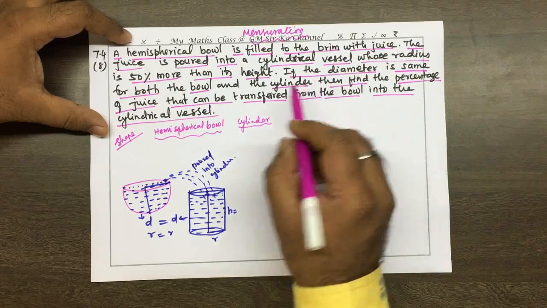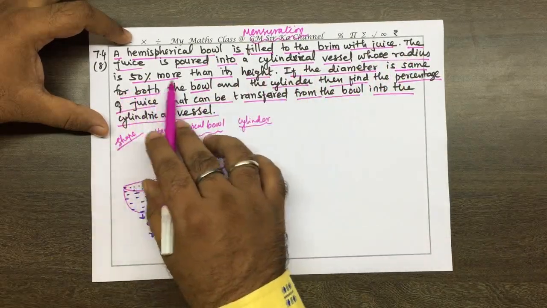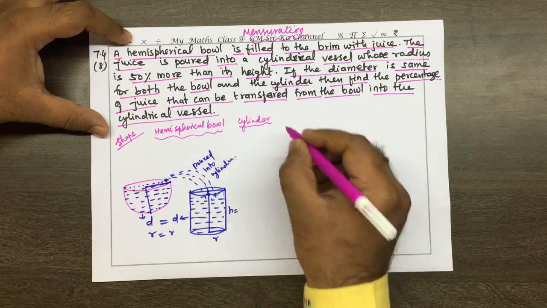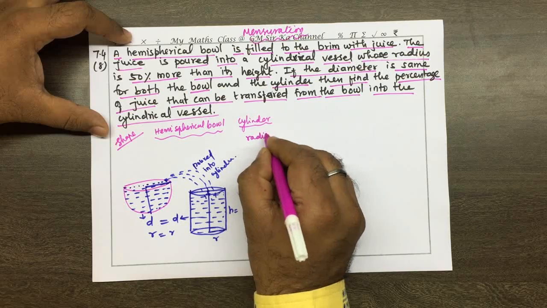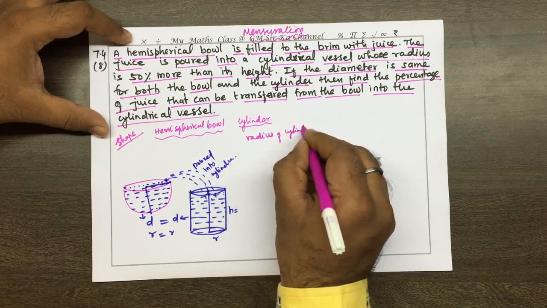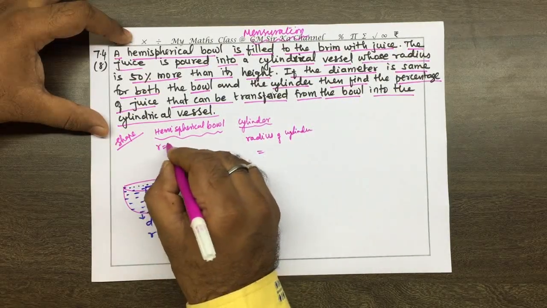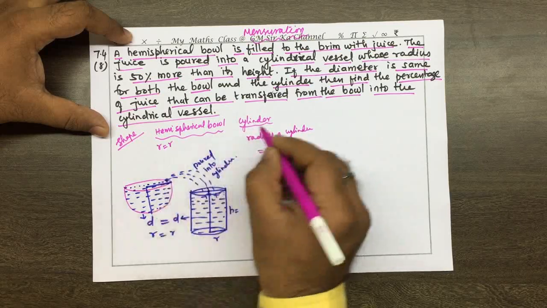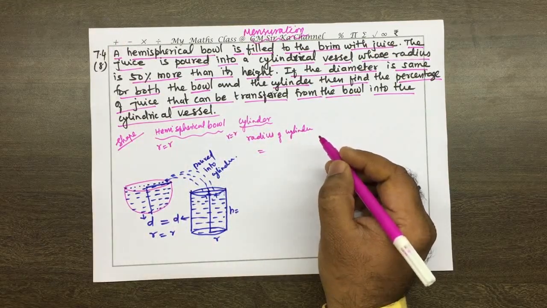The radius is 50% more than its height, so the radius of the cylinder is equal to, here we have the radius r for both the cylinder and the bowl because the diameter is the same.